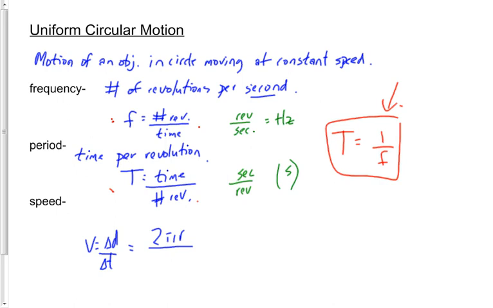So instead of saying v equals d over t for the object moving in a circle, we're going to say v is equal to 2 pi r over t. That equation is also on your data sheet. Every time an object is moving in uniform circular motion, which it will be for us in this unit every time, we'll say v is equal to 2 pi r over t.